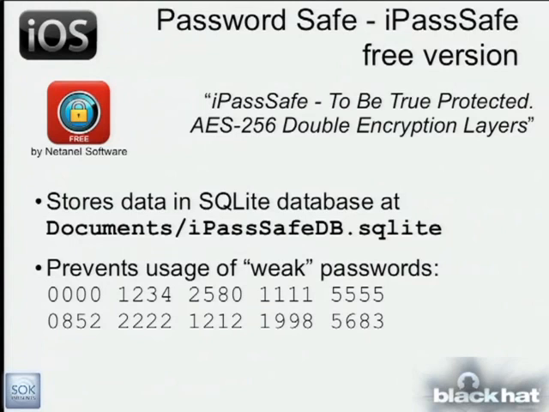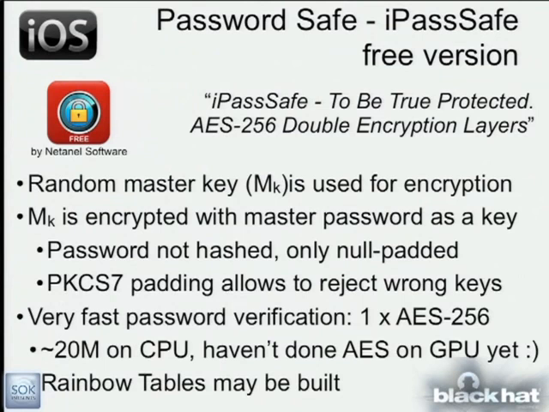But actually, the encryption is performed in a very funny way. We have a password that is just padded to a length of 32 bytes, 256 bits, and used as the AES key. That key is used to decrypt the master key, which after that is used to protect all the data.